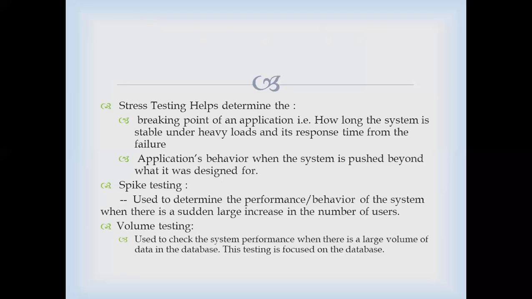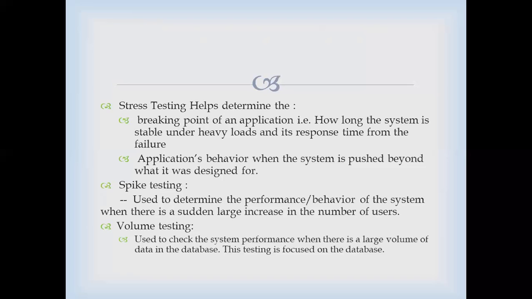How long is this system stable under heavy loads, and what is its response time for the failure? How much load and how much stress it can handle is what is tested in stress testing, with the application behavior pushed beyond the design.